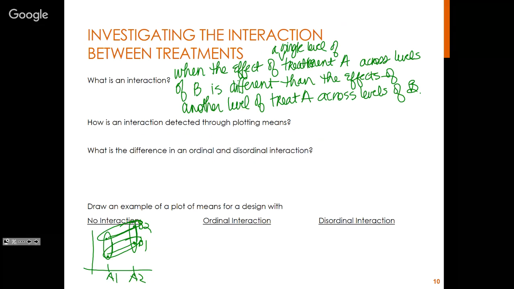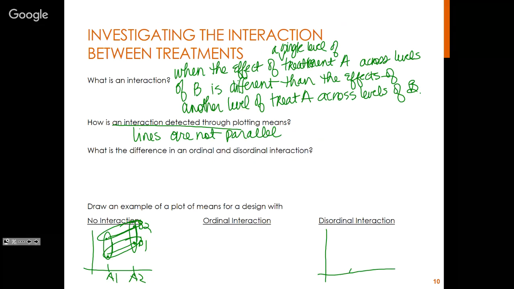So you said an interaction is detected when lines are not parallel. So I hear break down the interaction as ordinal and disordinal. Which one of these has non-parallel lines that intersect each other? Disordinal, okay.